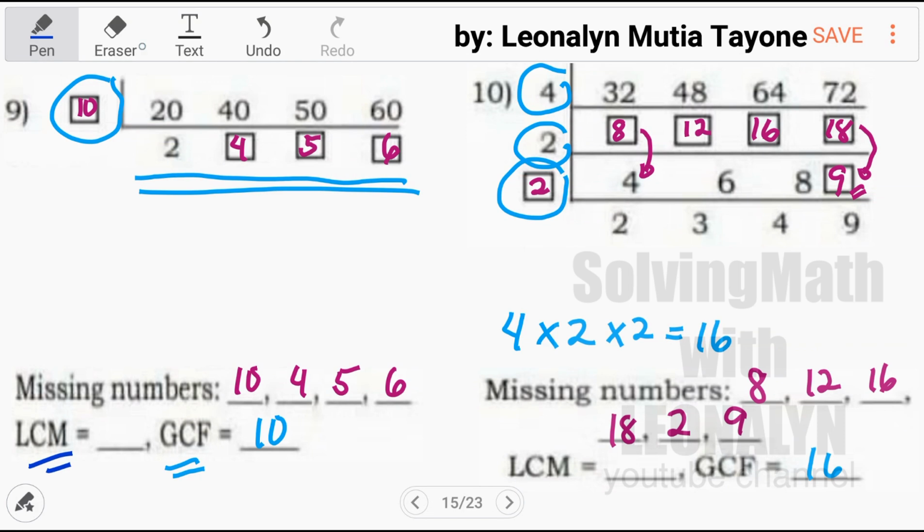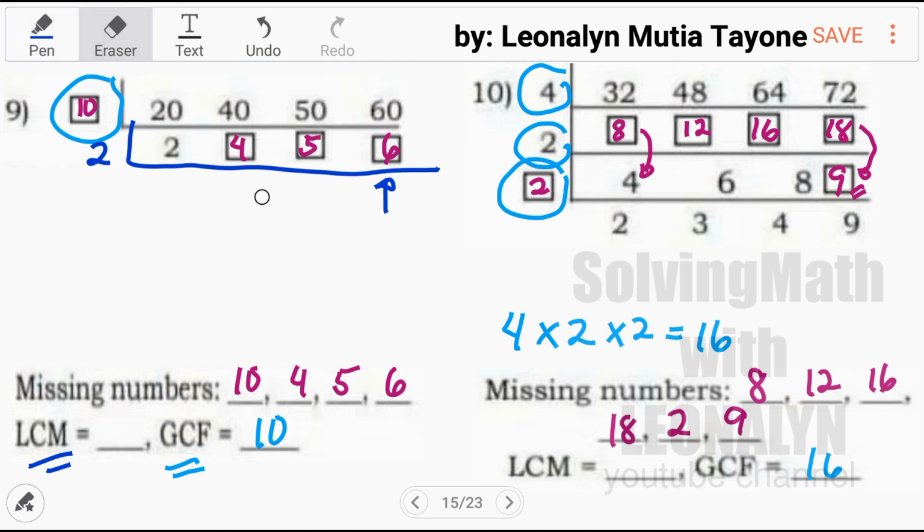Now, doon tayo sa least common multiple. Iba ang least common multiple. Tingnan natin kung mayroon bang pwedeng i-divide natin. Tingnan mo. Pwede pa yan ma-divide by 2. 2 divided by 2 is 1. 4 divided by 2, 2. Yung 5, kopyahin lang. 6 divided by 2, and this is 3.